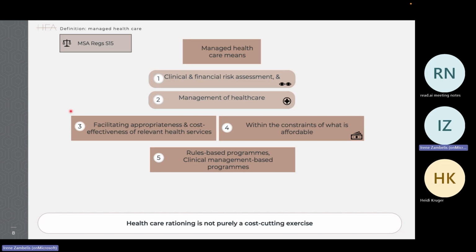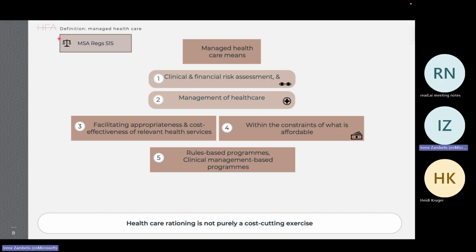It's so important. And I've always encouraged trustees to read the relevant sections of the law. And when you do it by section, it's far more understandable. The relevant section for managed care is Chapter 5 of the regulations, Section 15 in its entirety.